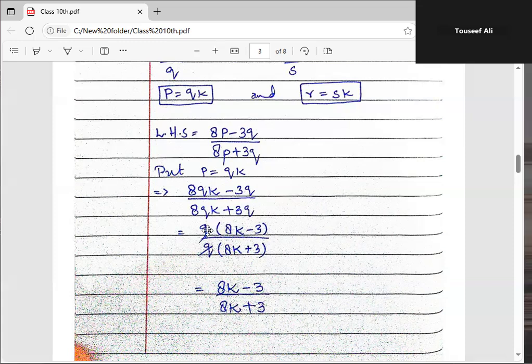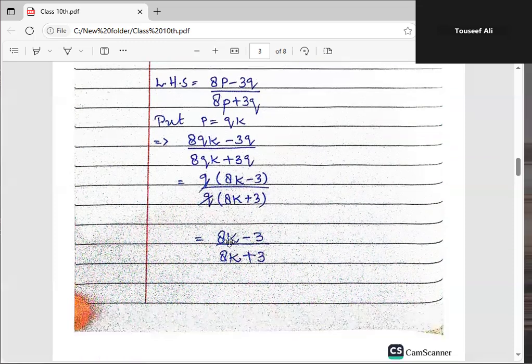From the numerator, I take Q common because Q is common in both, so the remaining term is 8K minus 3. In the denominator also Q is common, so the remaining term is 8K plus 3. So it becomes 8K minus 3 divided by 8K plus 3. This is the solution of the left hand side.